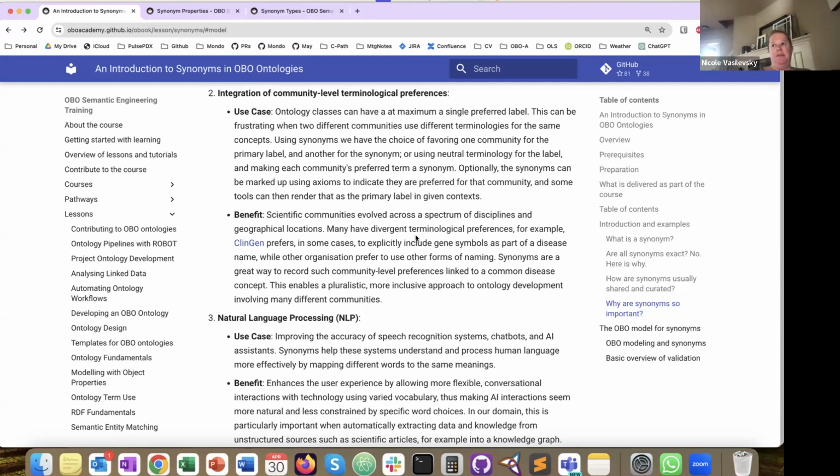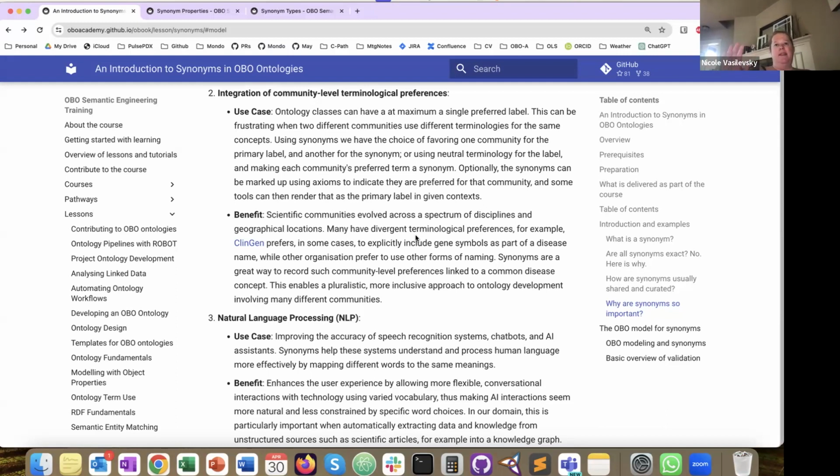So in Mondo, we've worked with the ClinGen community, who do clinical gene variant curation, and they often prefer a specific approach to disease naming that conflicts with our preferred approach for disease naming in Mondo. So we've been able to add synonyms to Mondo and then give them a synonym property, which we'll talk about more, that is specific for their use cases.